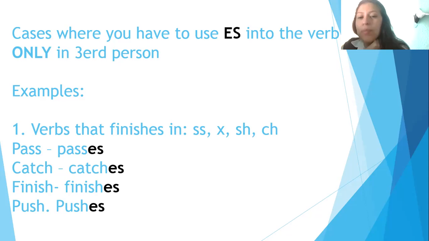Y si su verbo termina en CH, va a agregar ES. Son las reglas que existen. Entonces tienen que observar bien su verbo, ¿sí? Si mi verbo termina en todo lo que les acabo de mencionar anteriormente, van a agregar ES. Si su verbo termina en vocal, si su verbo termina de otra forma, solamente va a agregar S.